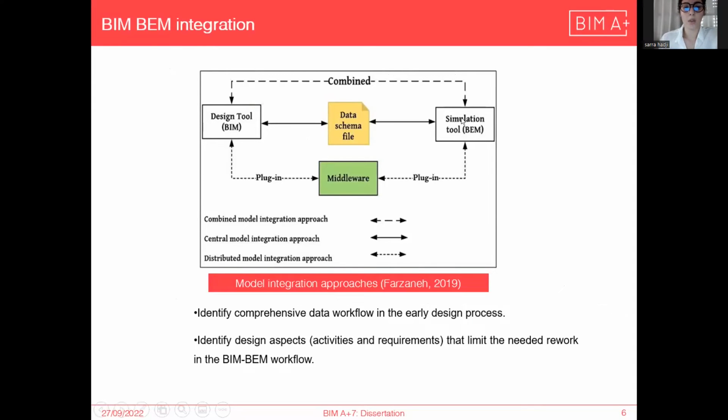Then we have the central model, where we use a data schema file such as IFC or gbXML to translate the model from the BIM tool to the BEM tool. And finally, the distributed model, where middleware is used to enhance and modify the model, and using plugins from both the simulation tool and the BIM tool, we can transfer the model.